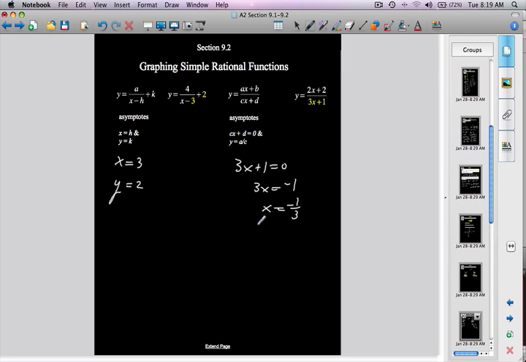That's one of my asymptotes. And my other asymptote will be the leading coefficient in the numerator, that's 2, divided by the leading coefficient in the denominator, that's 3. This is my other asymptote. So that's how you find the asymptotes as you're graphing these functions.